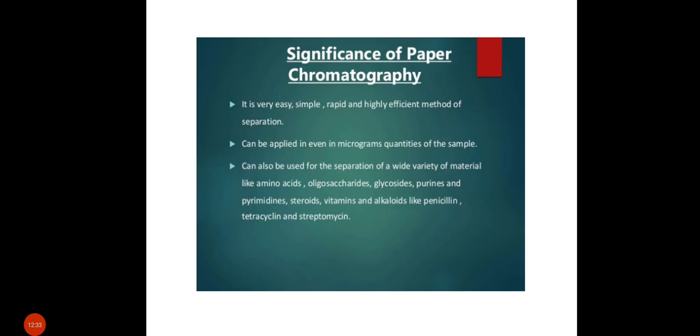Now see the significance of paper chromatography. Paper chromatography is a very easy, simple, rapid and highly efficient method of separation. It can be applied even to microgram quantities of the sample.